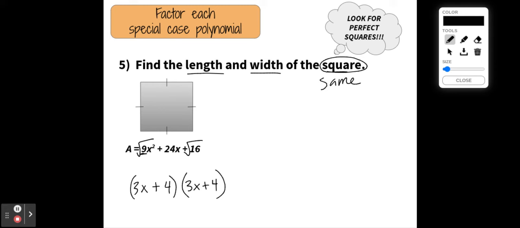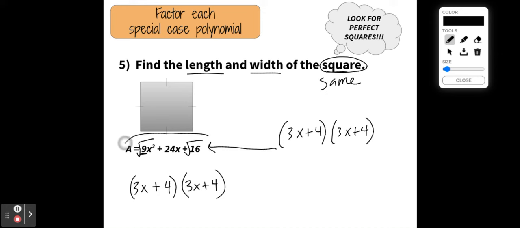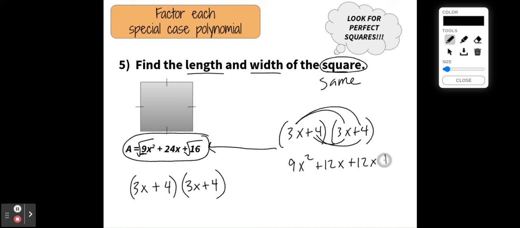Okay, so if I say that the length and the width are 3x plus 4, let's just check it. If I take 3x plus 4 times 3x plus 4 and I multiply them together, it should take me right back to this area. So I'm just going to quick check it. This would be 9x squared plus 12x plus 12x plus 16.